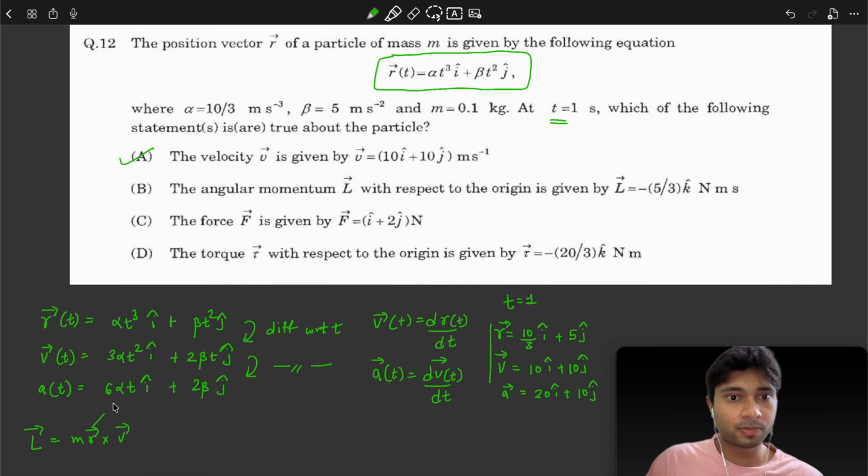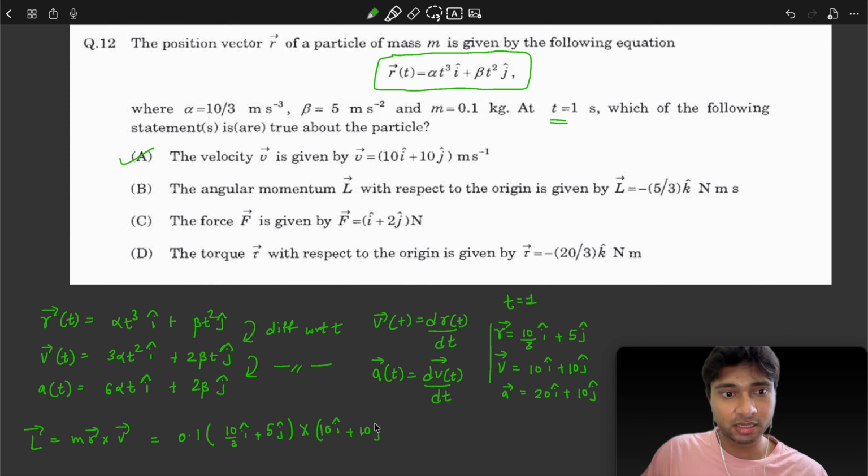Let's go back to point 2, angular momentum. Angular momentum is m, which is 0.1 kg, times r cross v. r is 10 by 3 i plus 5 j, cross product with velocity, which is 10 i plus 10 j.